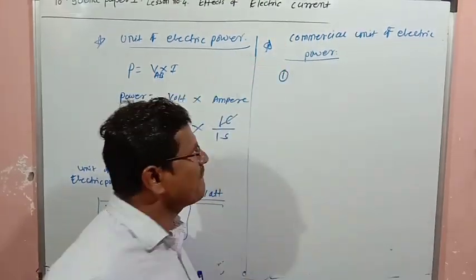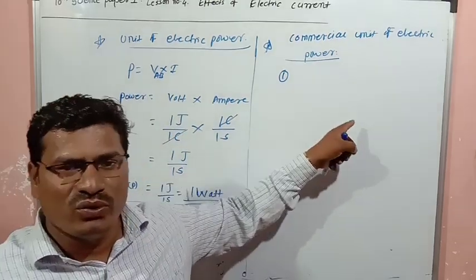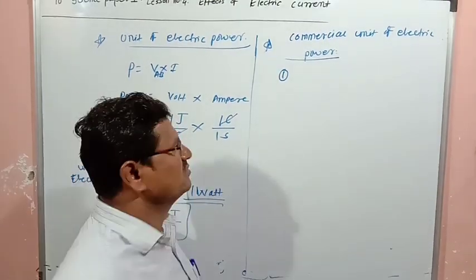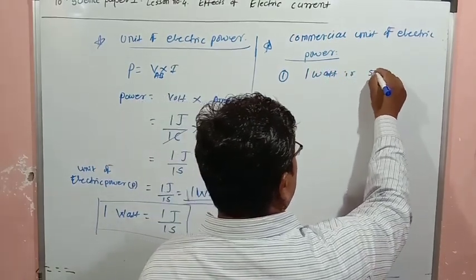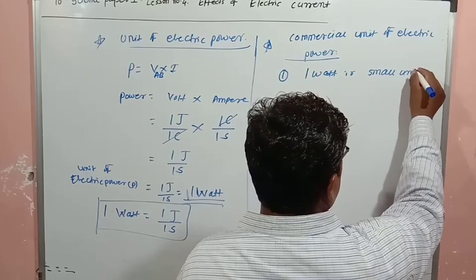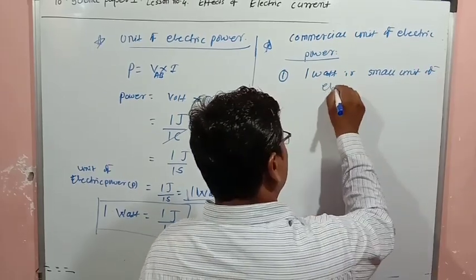First thing is that the watt is a smaller unit. 1 watt is a small unit of electricity.